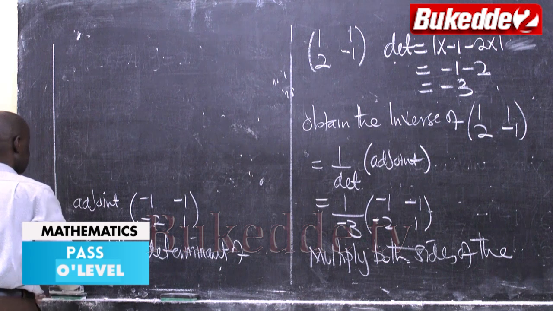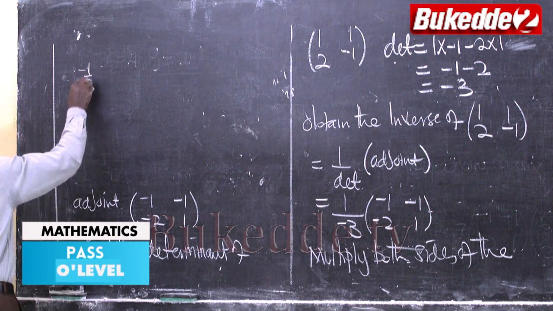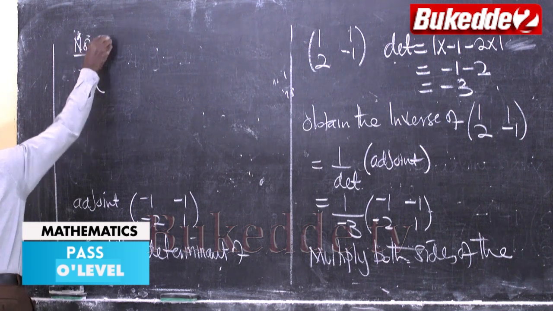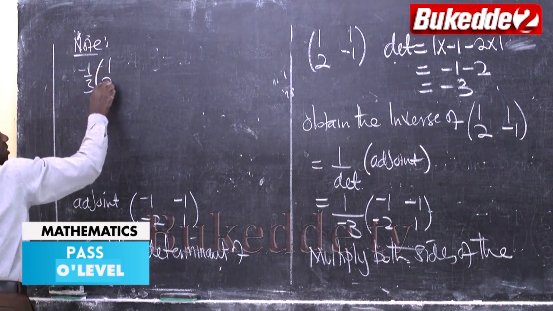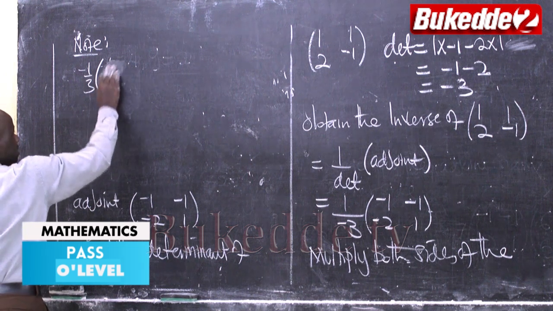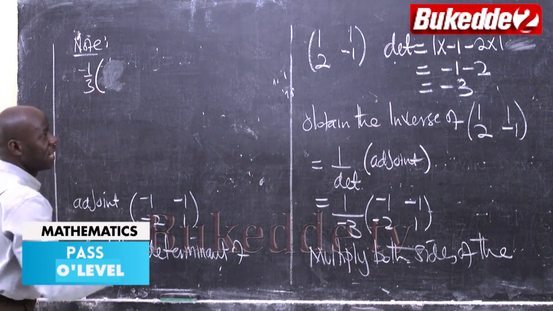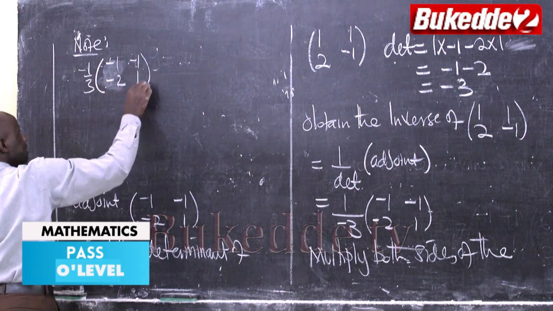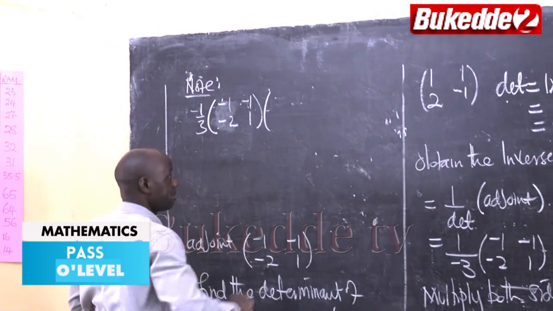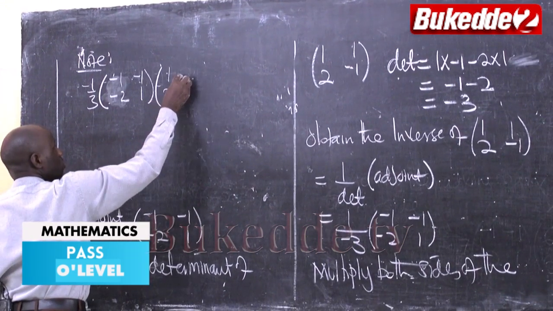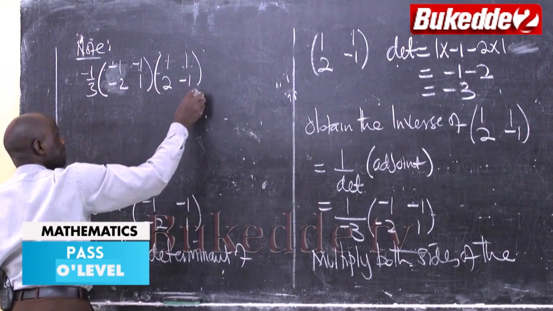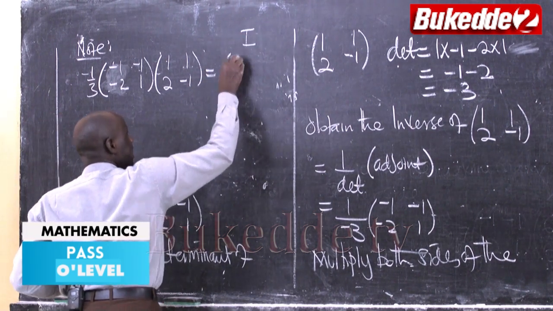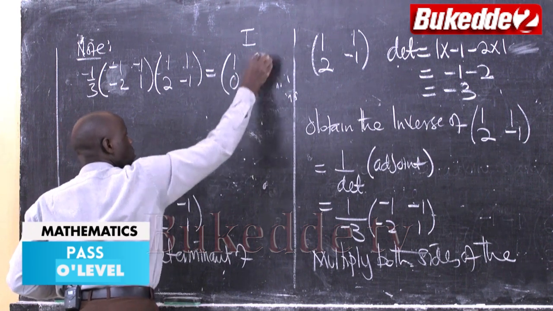That is, when I have -1 over 3 into -1, -2, -1, 1, and I multiply this one with 1, 2, 1, -1, this is going to give me the identity matrix I with elements 1, 0, 0, 1.